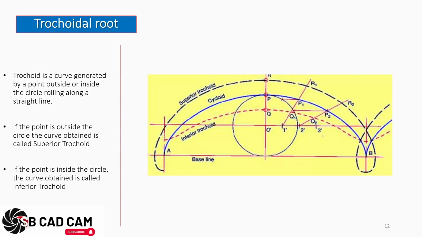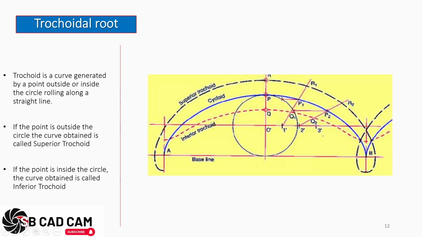A trochoid is a curve generated by a point outside or inside the circle rolling along a straight line. So it is a curve by a point outside like this or inside like this, of the circle that is rolling on a line. We have this line and the circle will do this shape, or if it follows this line, it will create another shape like this.